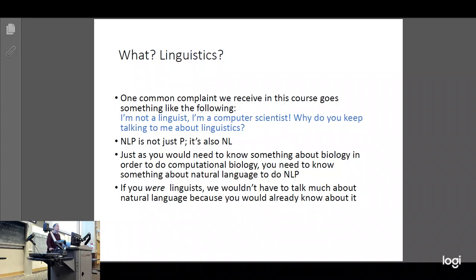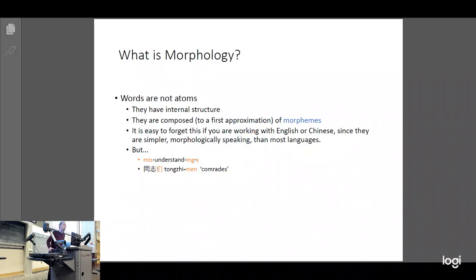Just as you would need to know something about biology to do computational biology, you need to know something about natural language in order to do NLP and do it right. If you were, in fact, linguists, we wouldn't have to talk to you about this stuff because you would already know it.